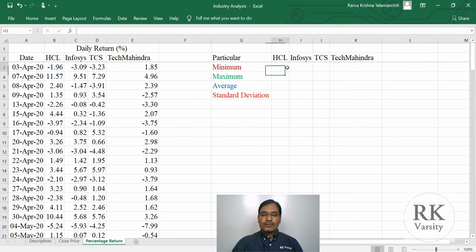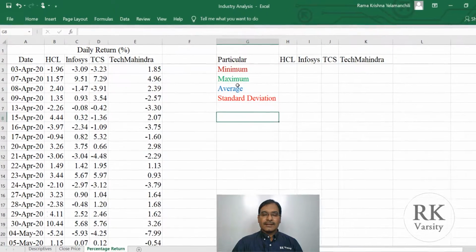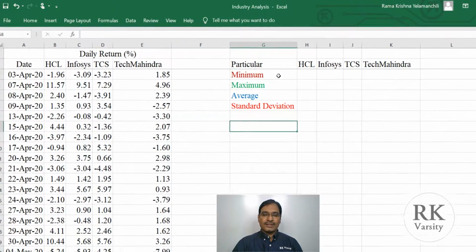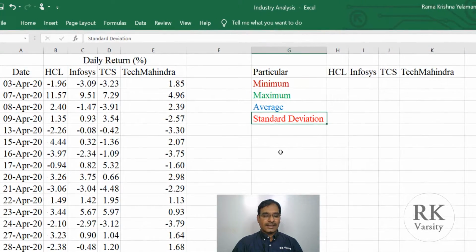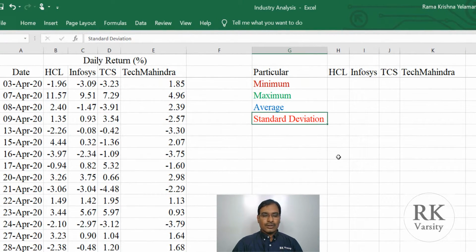And instead of calculating the descriptive statistics using the Data Analysis ToolPak, for simplicity, we calculate 4 important descriptives, that is the minimum return, maximum return, average return and standard deviation of these stocks using Excel built-in functions. So to get our minimum return, the Excel built-in function is MIN.